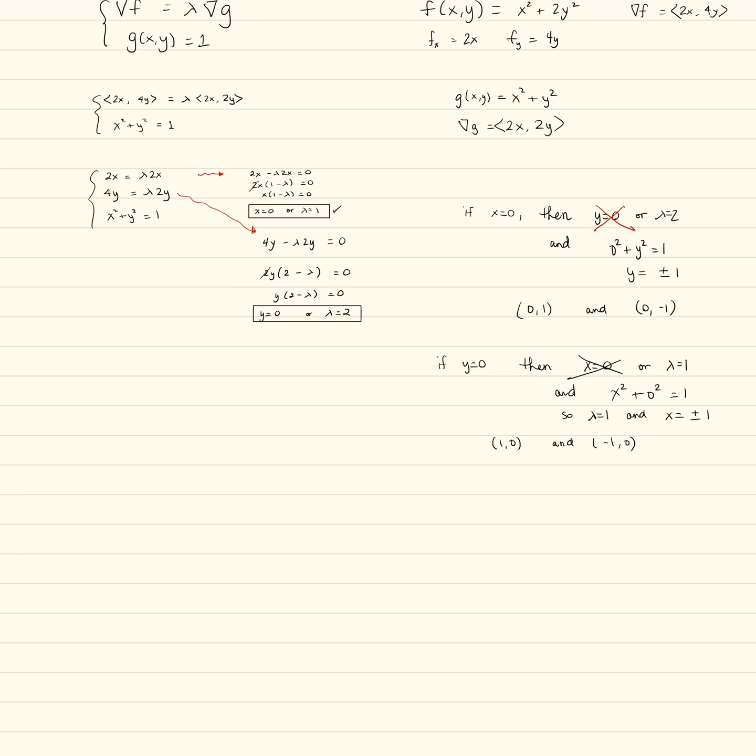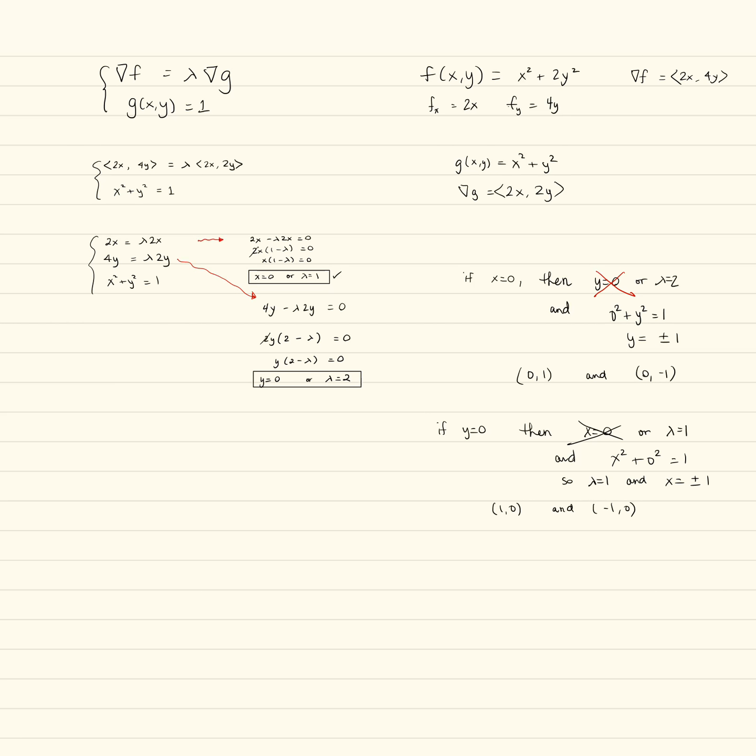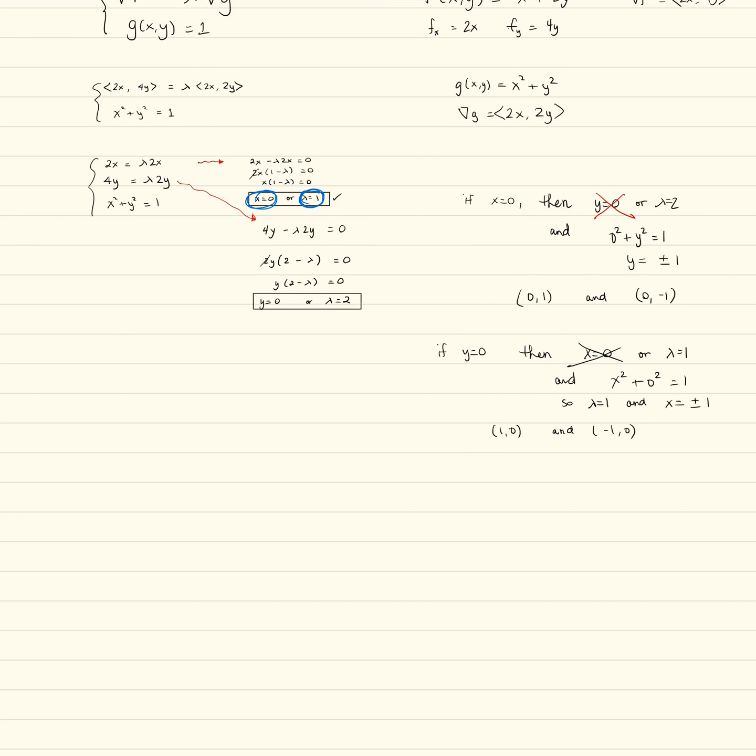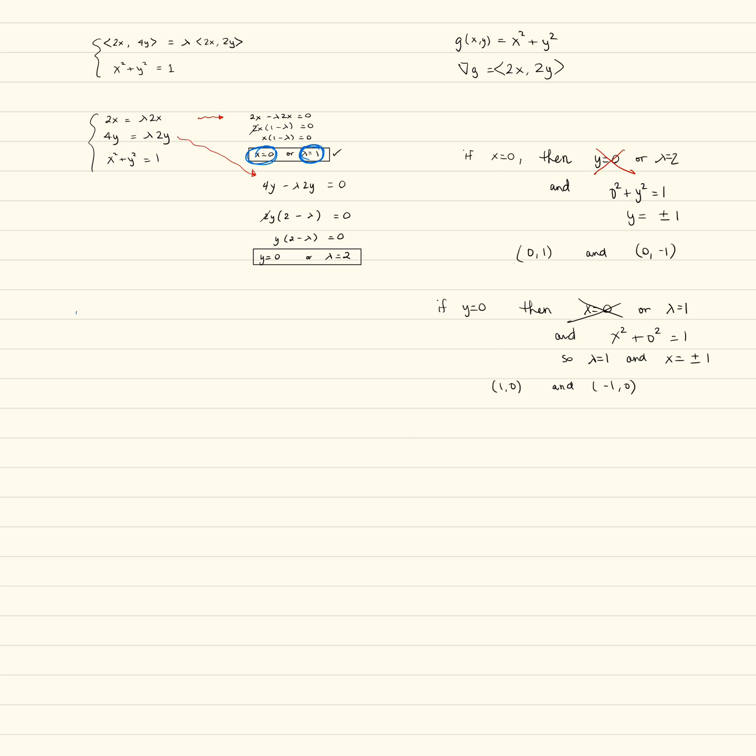Now we need to go back and look at what happens, because remember we had two options here: x is equal to 0 or lambda equals 1. So what if x is not equal to 0? Then lambda is equal to 1.